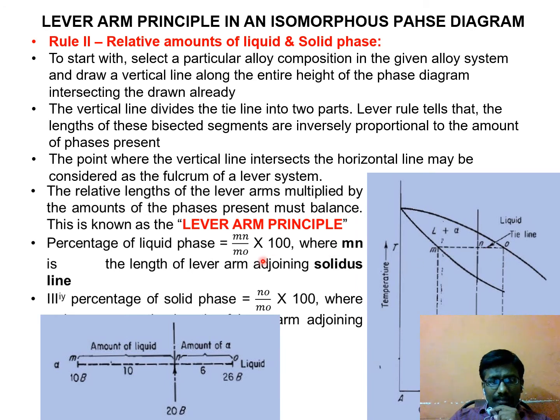You want to find the liquid percentage. This is the liquidus, this is the solidus. We take this portion MN by the total length MO, into 100. To find the solid phase, we take the opposite arm of the fulcrum, that is NO by MO, into 100.